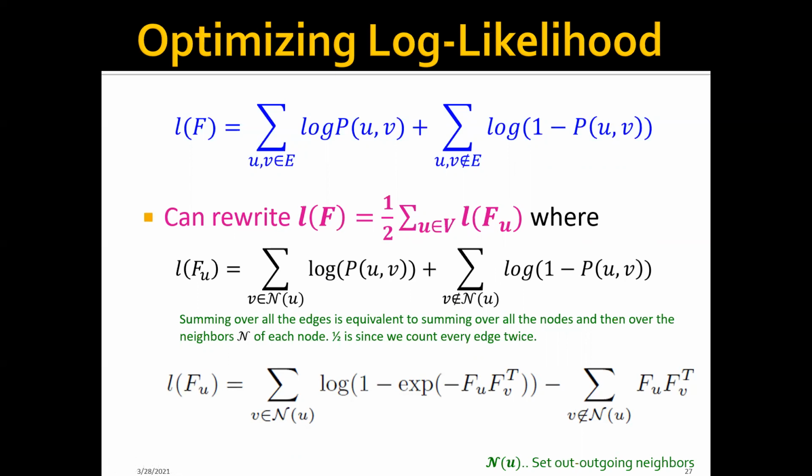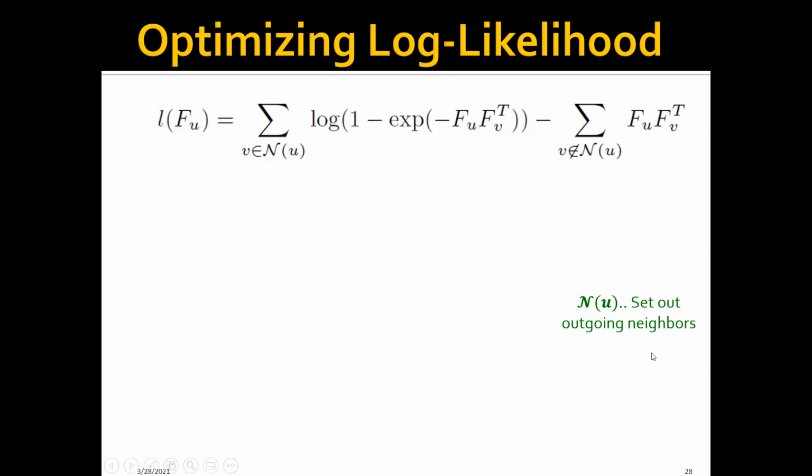And if we substitute the concrete form of P UV, we will get this final equation here. So basically for node V, which is U's neighbor, we have something like this. And for every node V, which is not the neighbor of U, we have something like this.